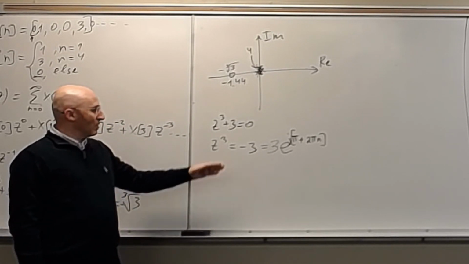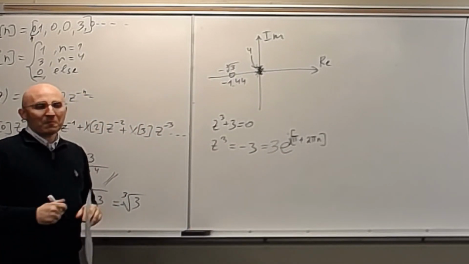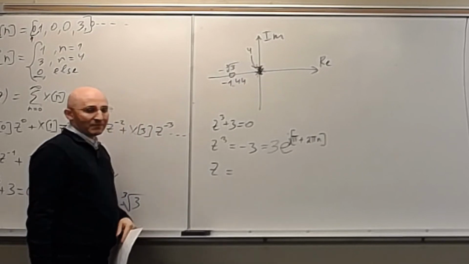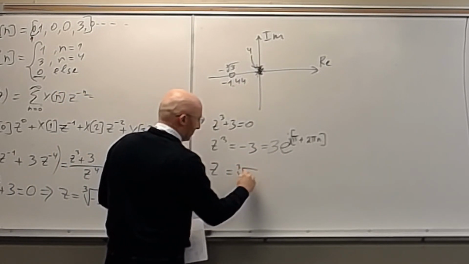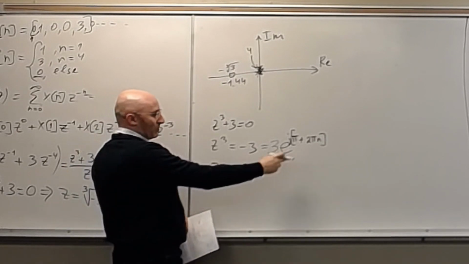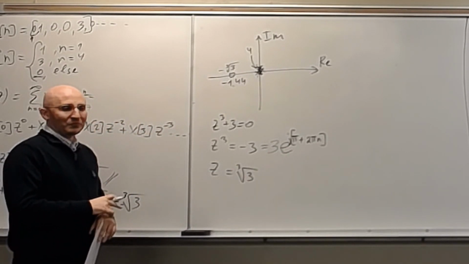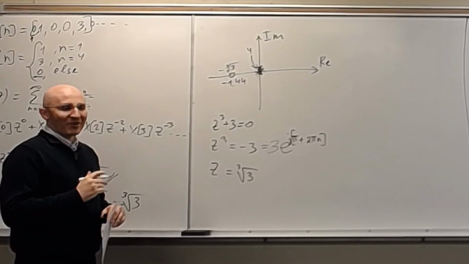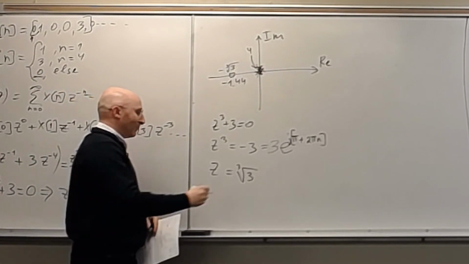Now, how do we take the cubic root of that complex number? This is the cubic root of the radius. What we do with the exponent is divide it by 3. De Moivre's theorem: we divide it by 3.